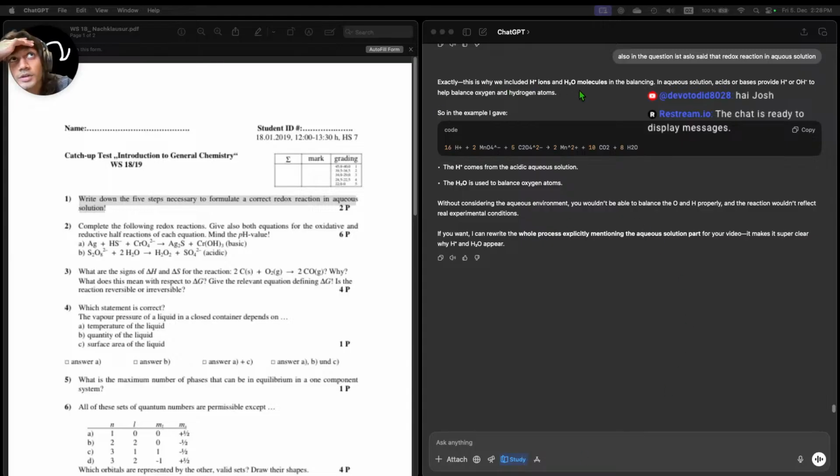Here's why we included that. So the solution is basically the step.